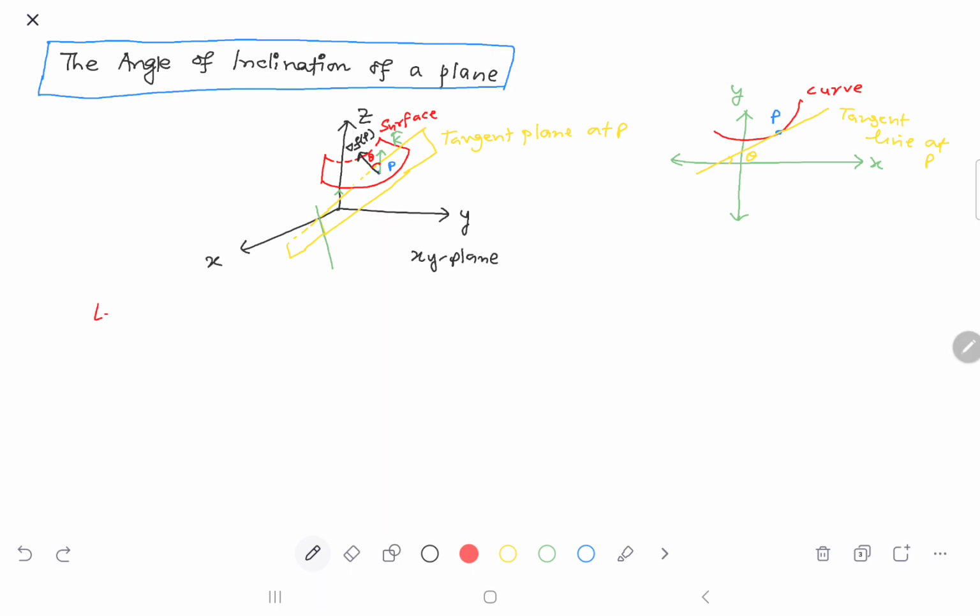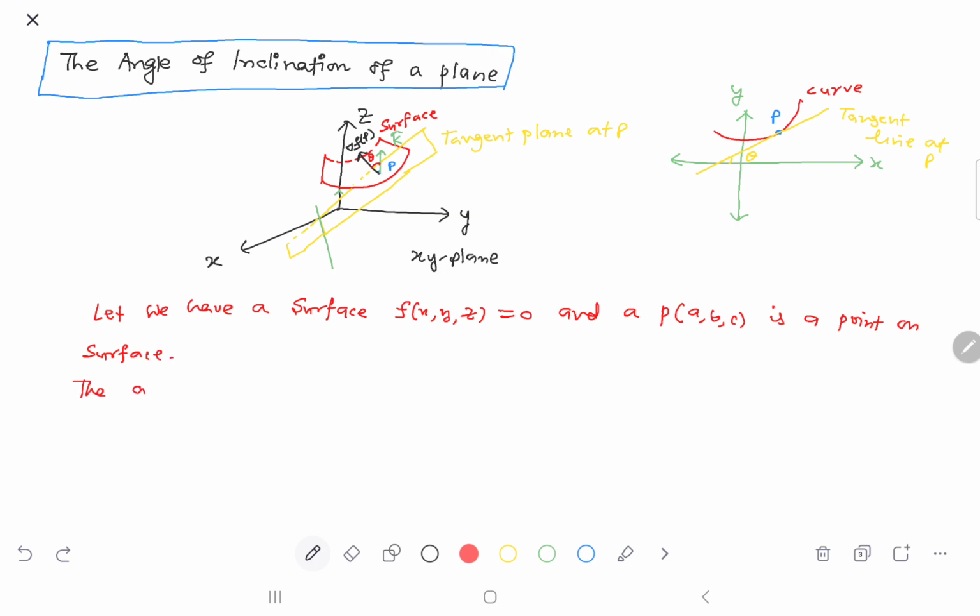Okay, so let's say we have a level surface. Let me write it in the form f of x, y, z equals 0, and P is a point (a, b, c) on the surface.